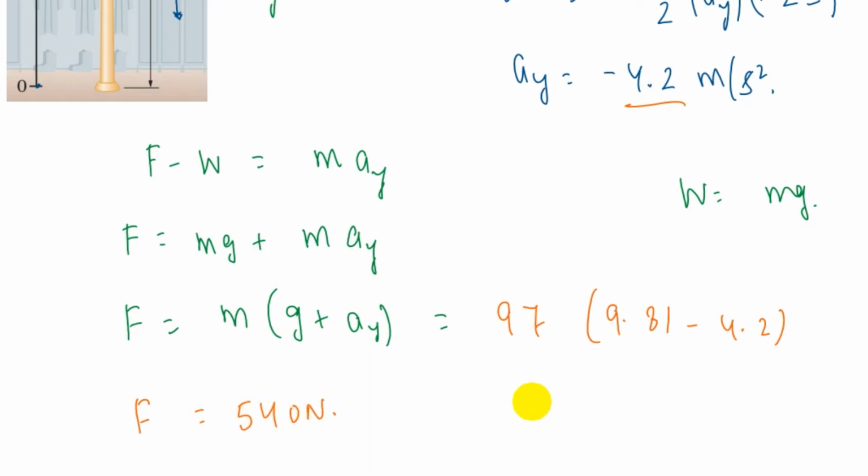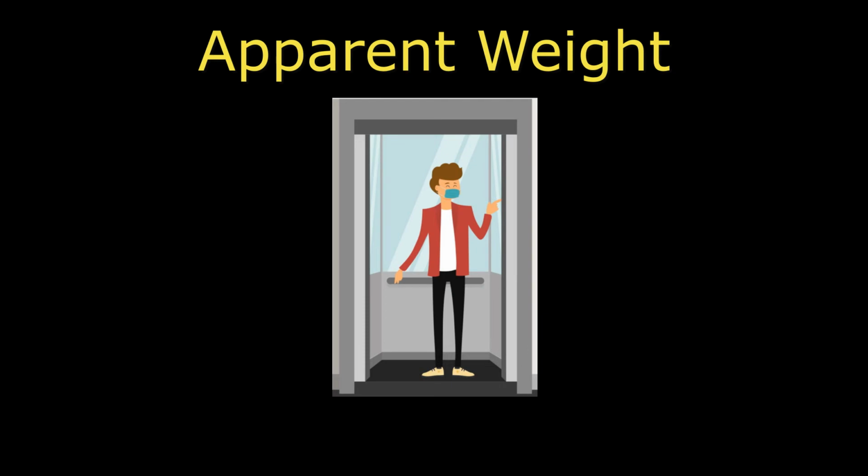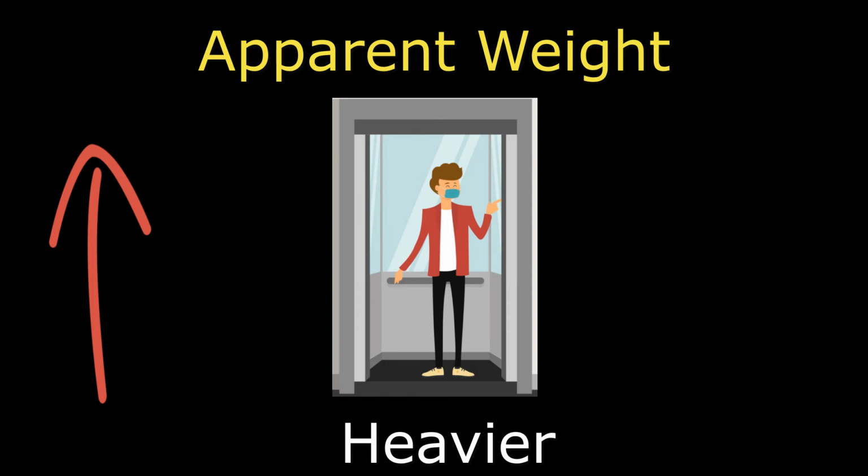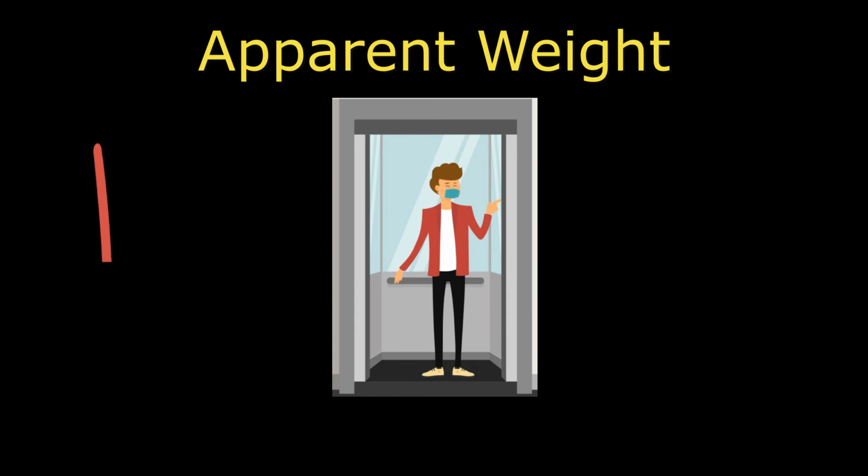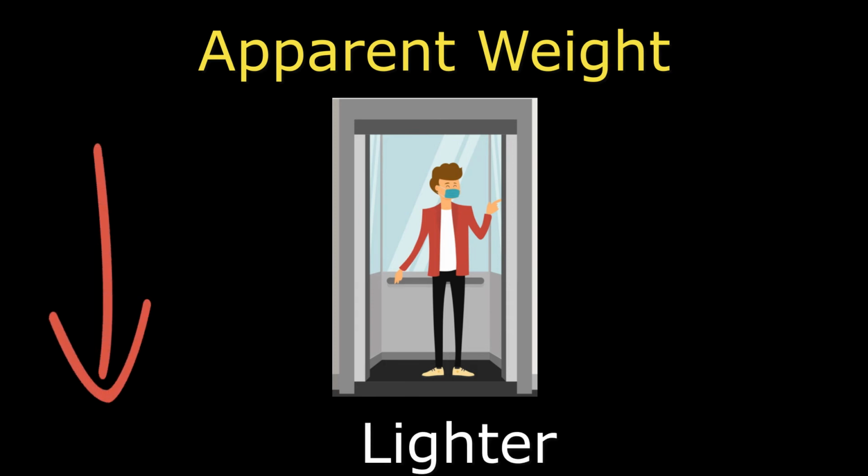Now if you want to write the force in vector form, this force F would be 540 Newton y cap. Now we're going to discuss the term apparent weight. We all have experienced that when an elevator is accelerating upwards, we feel heavier, and when it is accelerating downwards, we feel lighter.